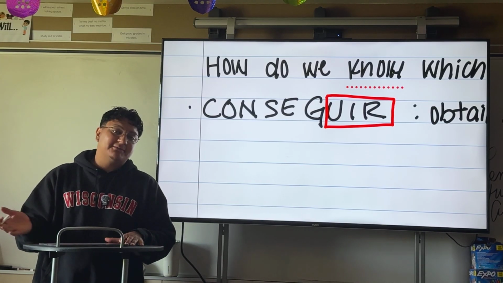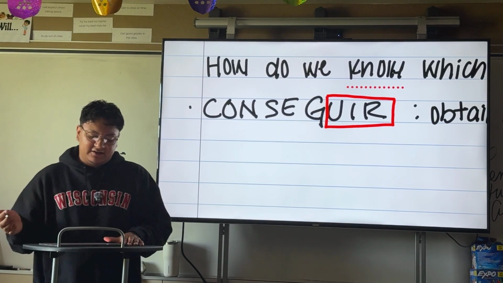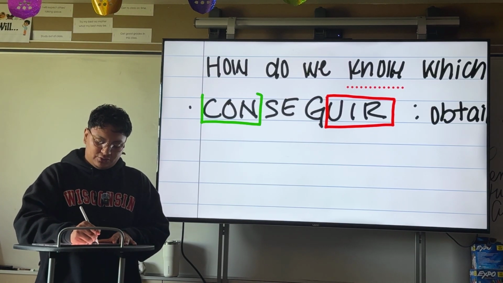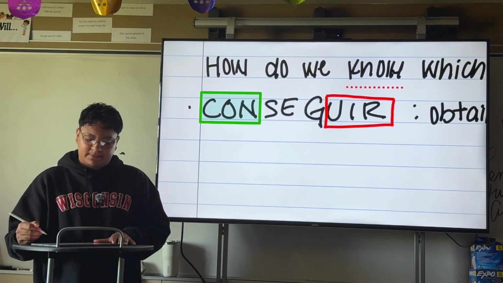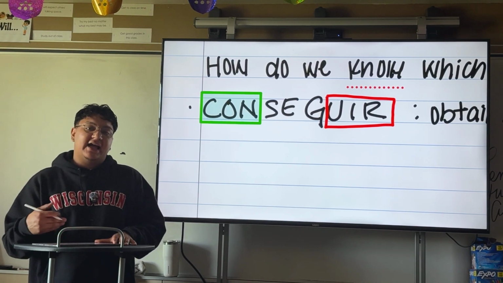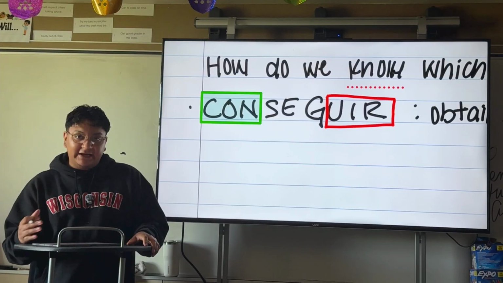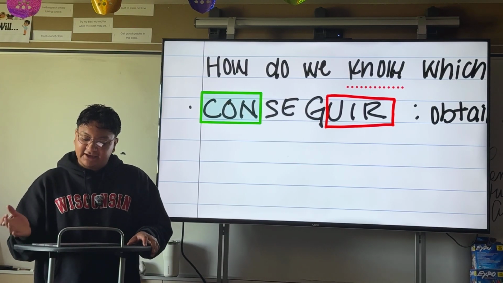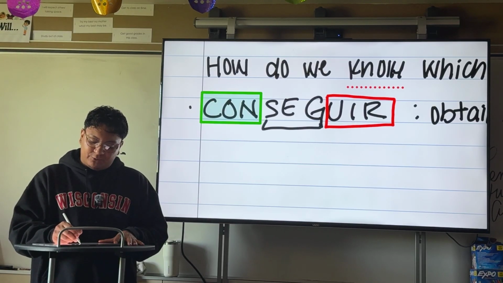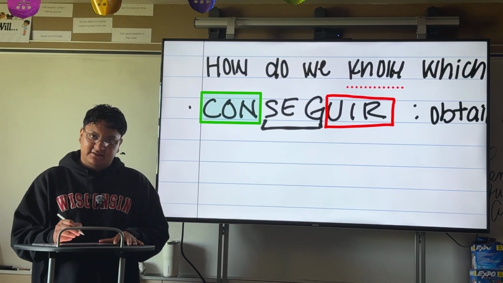Our prefix comes at the beginning of the word. In this case, it is con. So we have con as our prefix and guir as our suffix. So what remains is our root right here, seg.